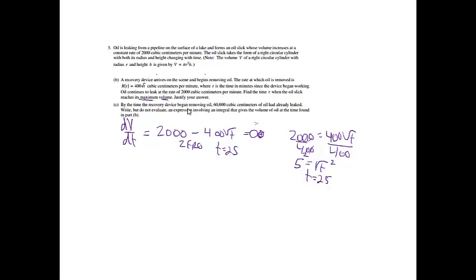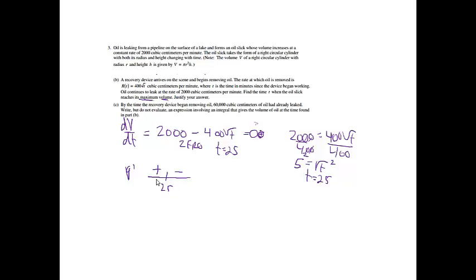So we found the time. To show that it's a maximum, we actually are going to do a V prime chart. If I put in, let's say, 0, I'm going to get a positive value. If I put 50 in or something like that, I will get a negative value.